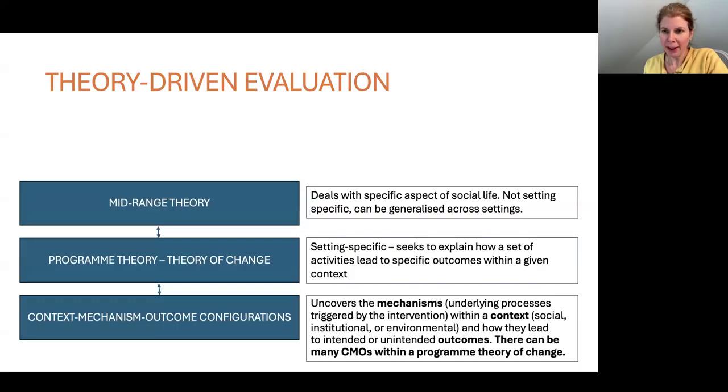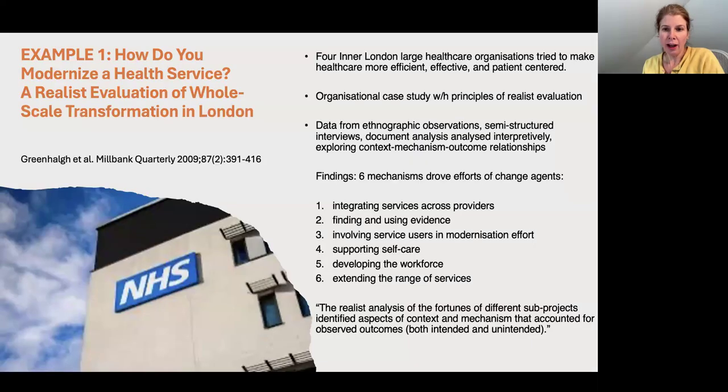And so, going back to my horrible diagram about theories, really context, mechanism, outcome configurations sit under a theory of change, and there can be many of them within a single program theory of change. So the theory of change for the program is setting specific, and within that you can have multiple context, mechanism, outcome configurations. So let's think a little bit about how that works in practice.